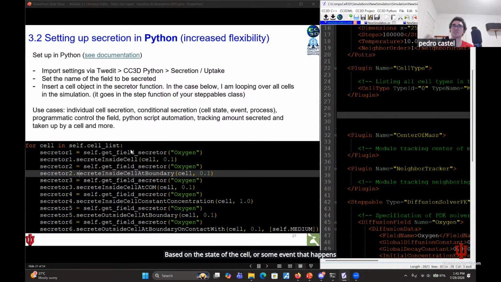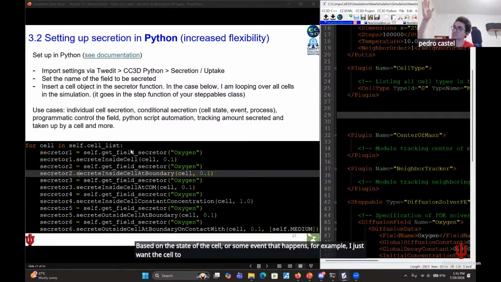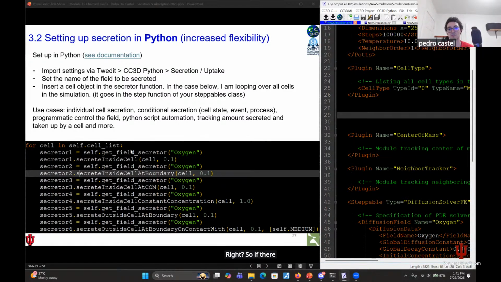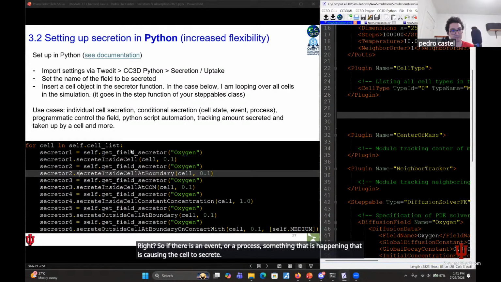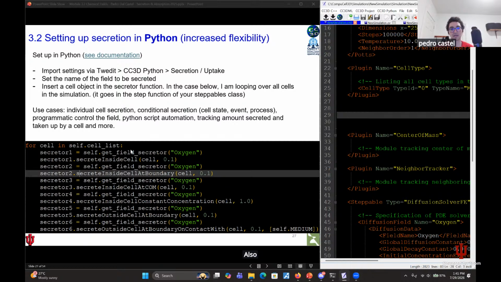For example, I just want the cell to secrete after Monte Carlo step 100, right? So if there is an event or a process, something that is happening that is causing the cell to secrete. Also, if you want programmatic control of the field, for example, one example of programmatically controlling the field is if you're optimizing your simulation.